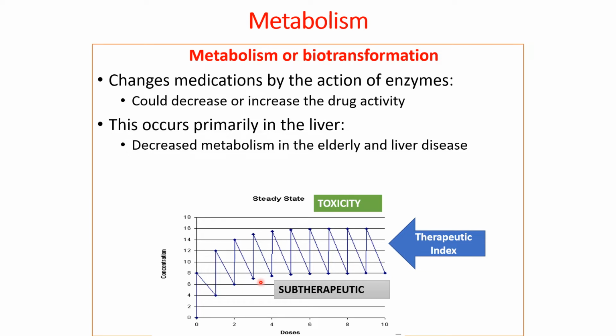This half-life is no more than the time that takes the liver and the kidneys to decrease the concentration of the medication, this descent that you see here to 50%, to half. This will determine the interval at which the medication needs to be given. There are some medications with a very short half-life and need to be given frequently, every 4 hours, every 6 hours. There are medications with a very long half-life and are given every day, every 24 hours. So it's easy to understand.